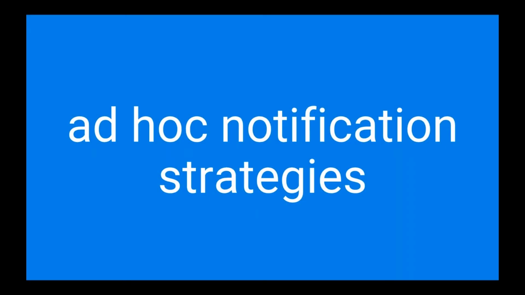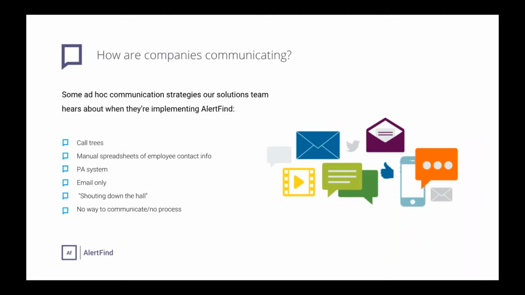So when we talk to prospects, they tend to rely on a few ad hoc ways of notifying their employees about emergencies. They tend to involve call trees or manual spreadsheets of employee contact information, or a PA system, or email only, or my favorite, which is shouting down the hall. Our sales team actually hears this all the time.